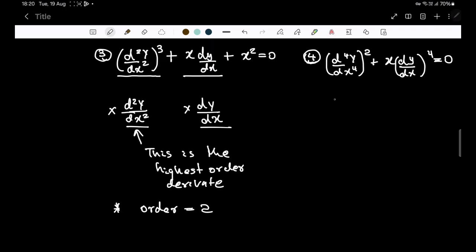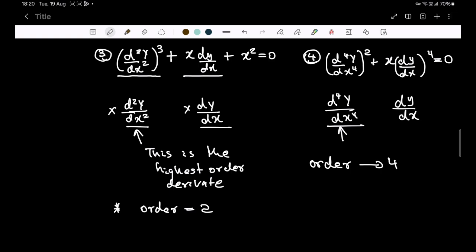The derivatives in that equation are d to the fourth y over dx to the fourth and dy over dx. Among these derivatives, you can see the highest derivative term is this. Therefore, the order is 4 because y is differentiated 4 times, right?